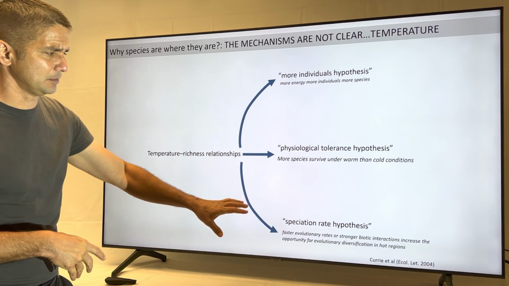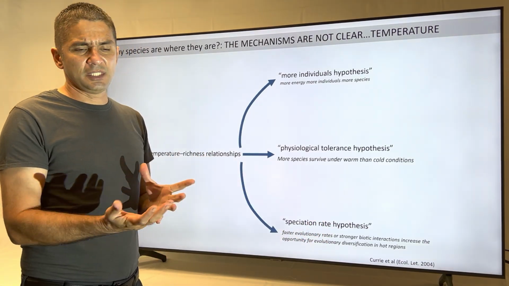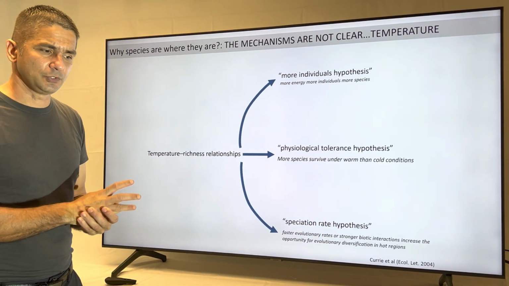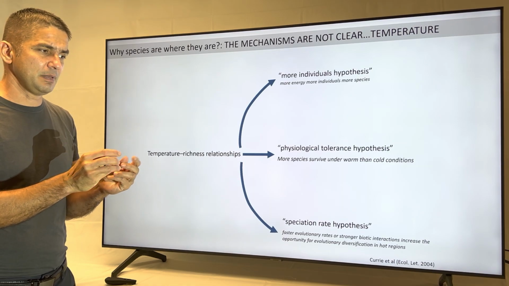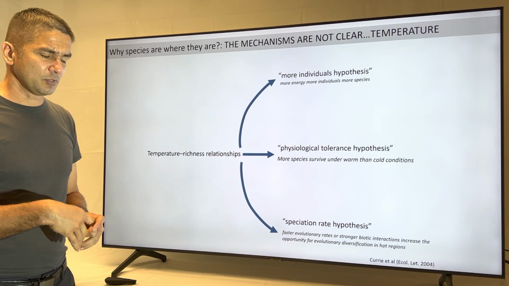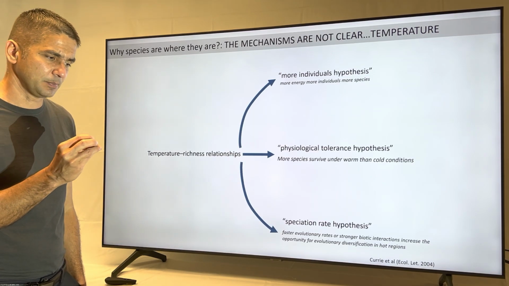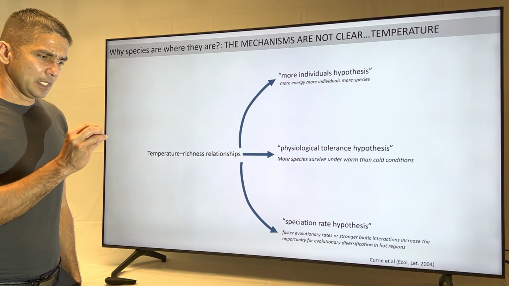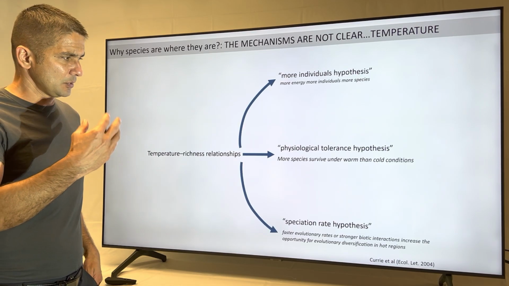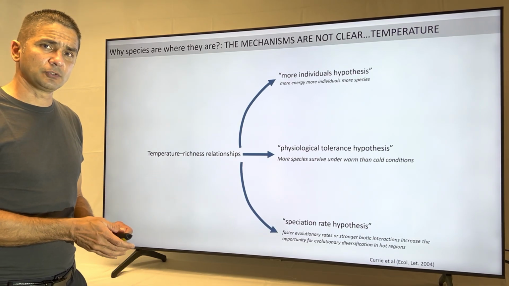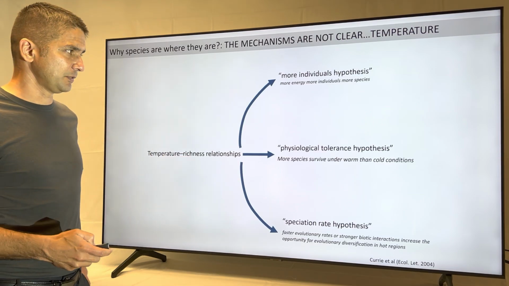That has been tested on multiple species, mostly insects, where you can just crank up the temperature a little bit and see how those species reproduce. They have found similar things in bacteria as well. Again, anytime you increase the temperature, you increase reproduction, and as a result, you increase the chances of introducing mutations that will then turn into different species.